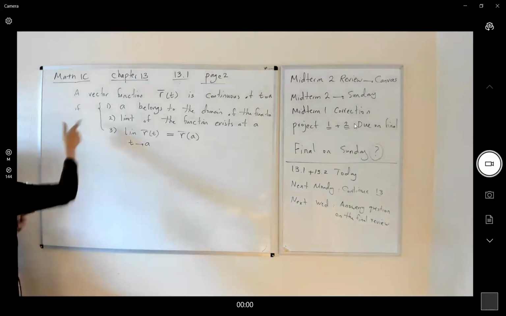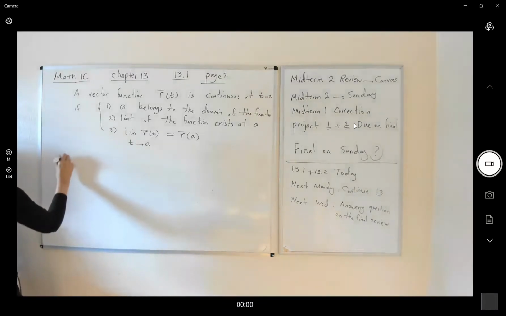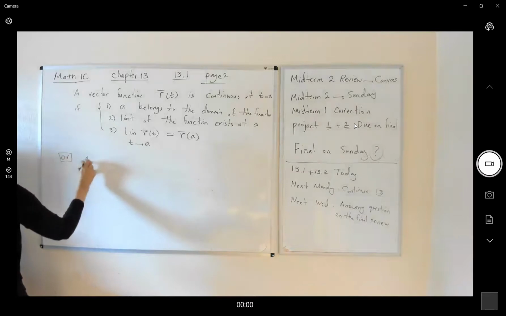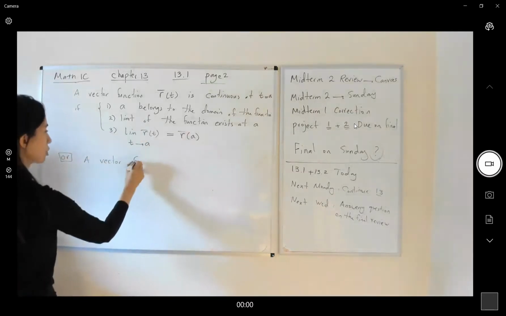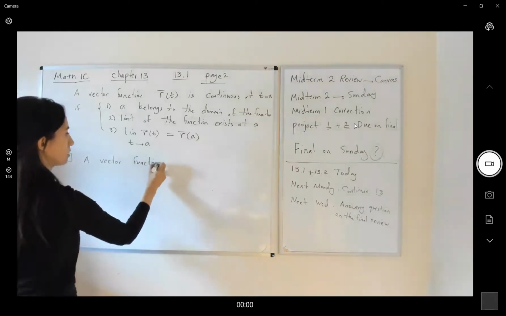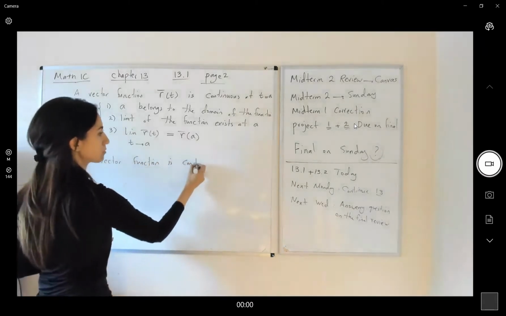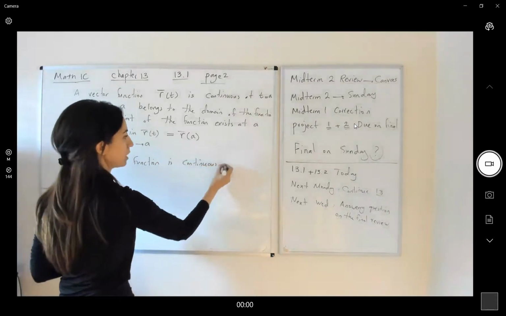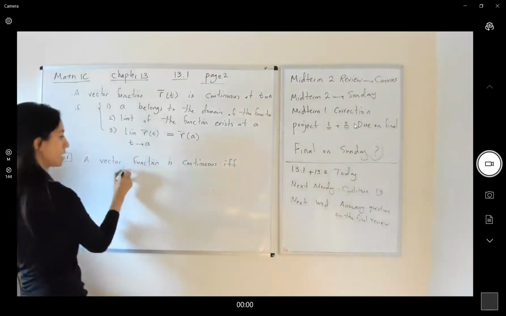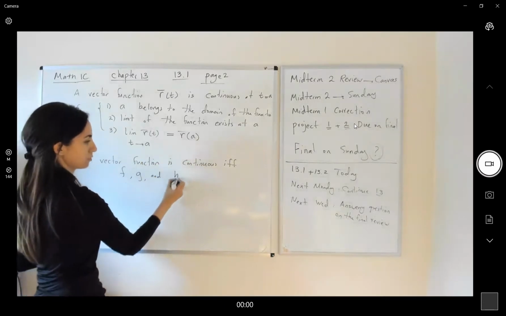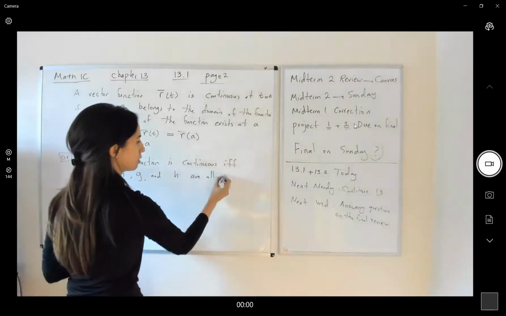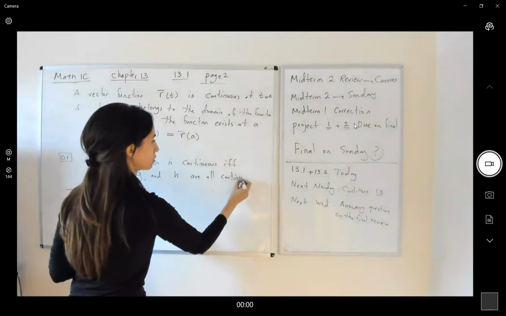So equivalently, you can say that a vector function is continuous if and only if f, g, and h are all continuous.